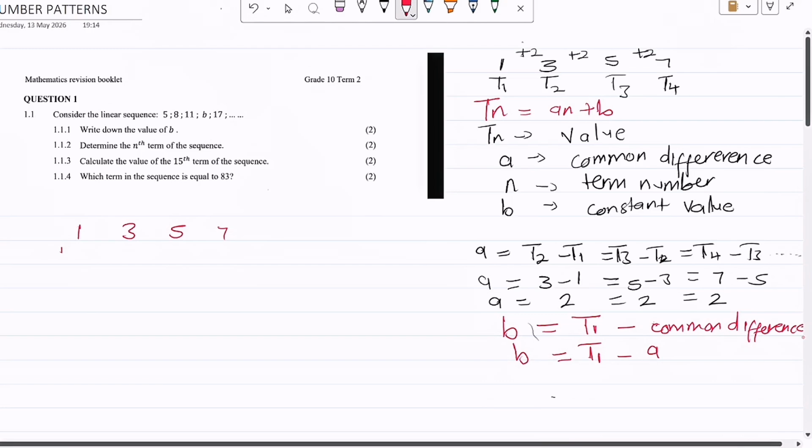We can just find a by saying T2 minus T1, and then we have 2 as our a, which we had calculated here. And you can say this is 2n plus b. Tn is equal to 2n plus b. Now for you to find b, you can choose to substitute a term. Maybe let's take term number 2, which is 3.